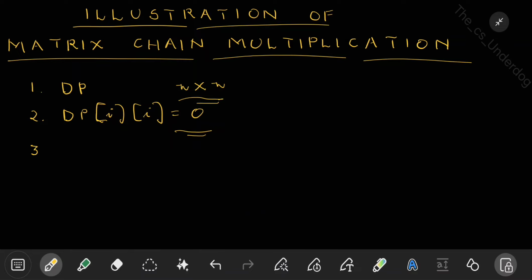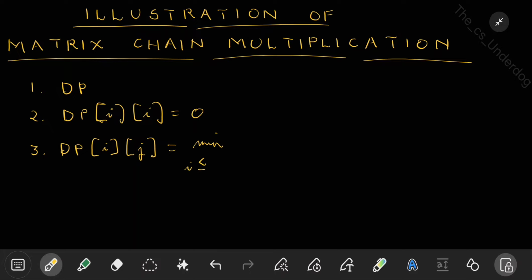We found a recurrence relation in the last lecture, that is DP of i, j. This is the core part of this algorithm. In our recurrence relation, we wrote it as the minimum over i less than or equal to k less than j. What is k? K is the point of split that we are considering.